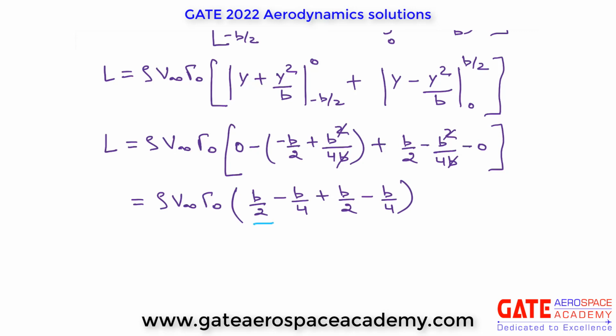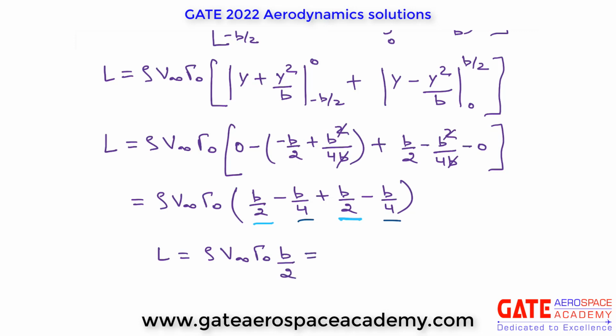So b by 2 and b by 2 will be b, and minus b by 4 and this minus b by 4, so minus b by 2. So b minus b by 2 is b by 2. So lift is equal to rho v infinity gamma naught into b by 2.